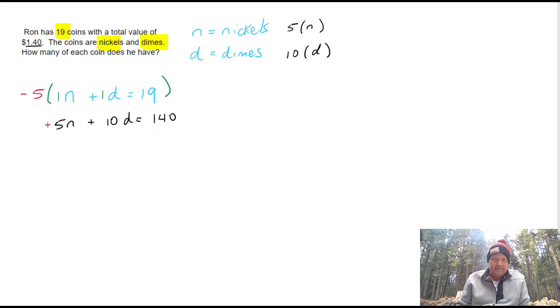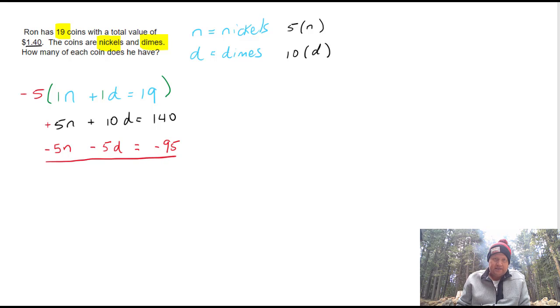So I'm going to multiply this, and write it right down here underneath. Negative 5 times N is negative 5N, and now you can see that they're going to cancel out, turn to 0. And negative 5 times 1 is negative 5D. Please don't put plus, a minus. And then this over here is a negative, and that's 95.